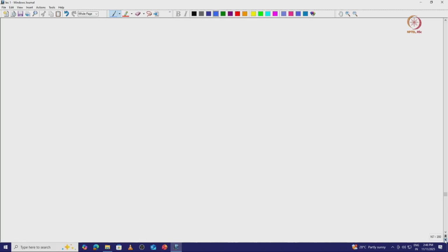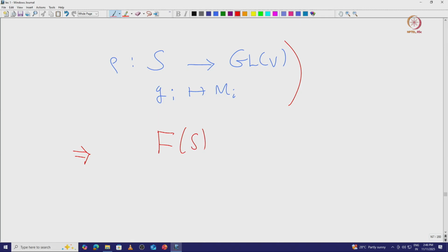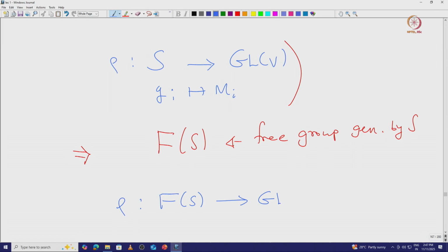Let us start with rho, which is a set map from S to GL(V), sending g_i to M_i, and we are interested in extending this map to the group G. From this set map one can immediately get an extension to the free group generated by S. Let us call it F(S), the free group generated by S. Then it is immediate, using the universal property of the free group, that you have an extension rho from F(S) to GL(V), where rho of g_i is given by M_i.